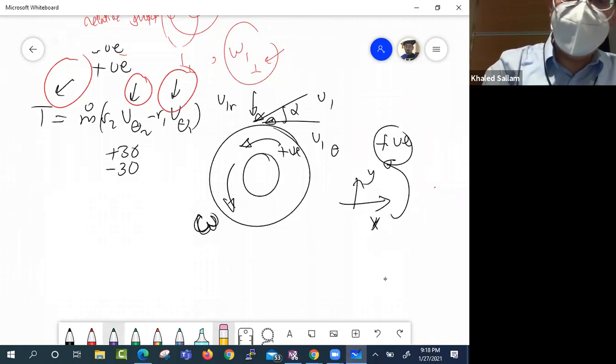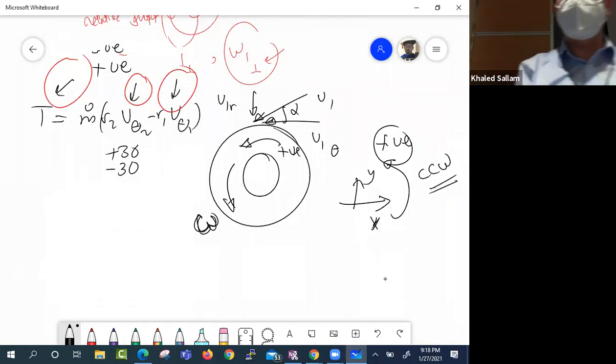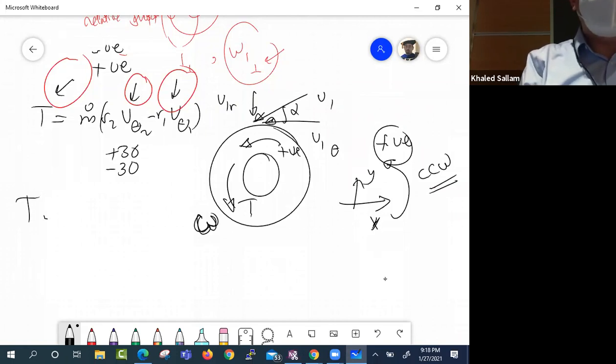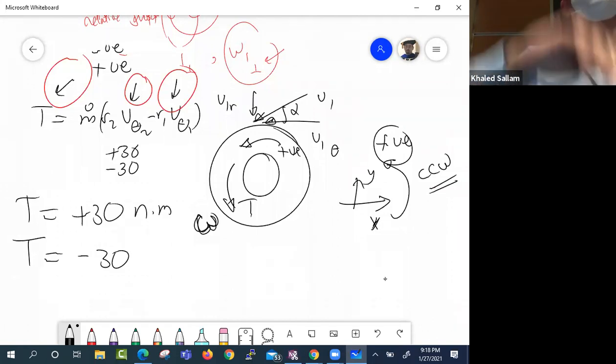So I'm going to use counterclockwise as my positive direction, and I'm going to stick to it. And if I see a torque like this, then it's going to be plus. Of course, we are not seeing a torque, we are calculating a torque. So when the torque ends up being plus 30 Newton meter, we would know it's plus, it must be counterclockwise. And if that calculation ends up being minus 30, then we know that it's actually clockwise.